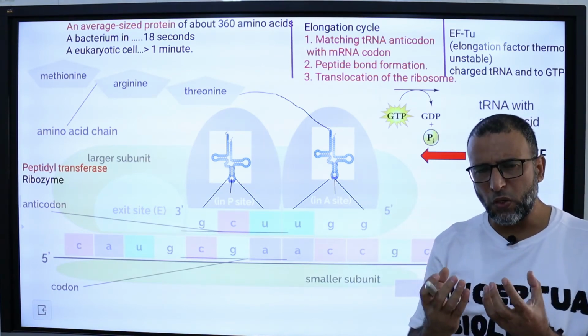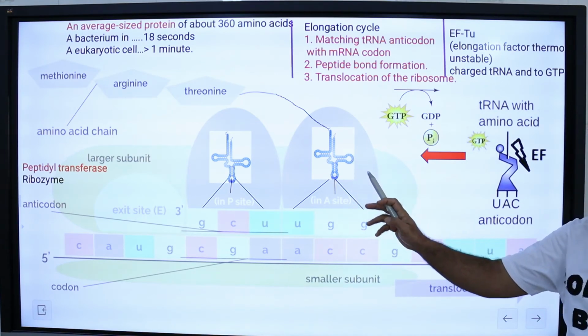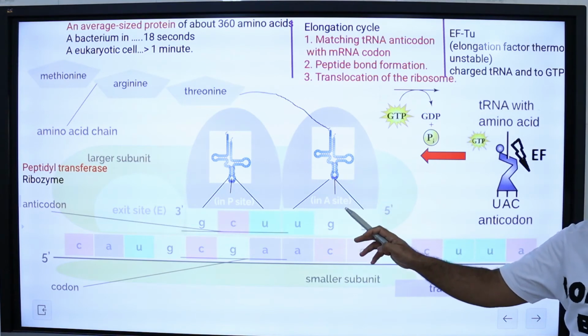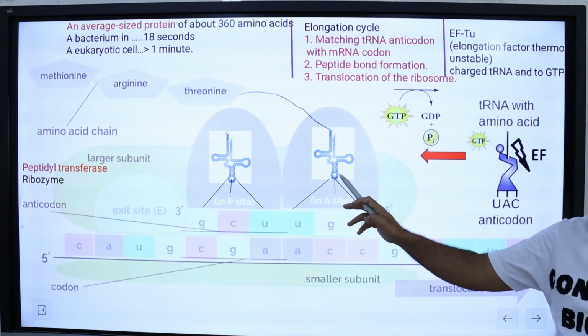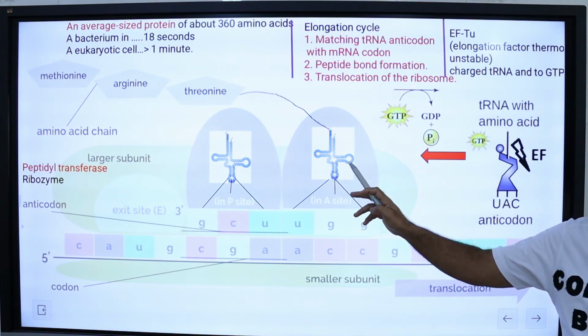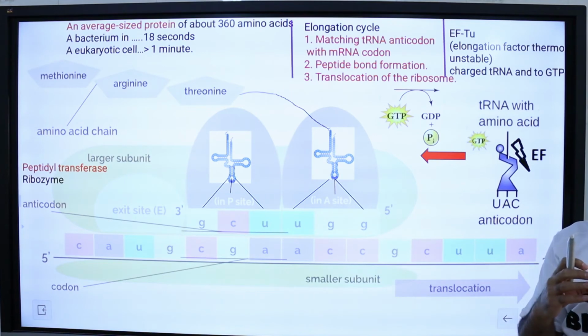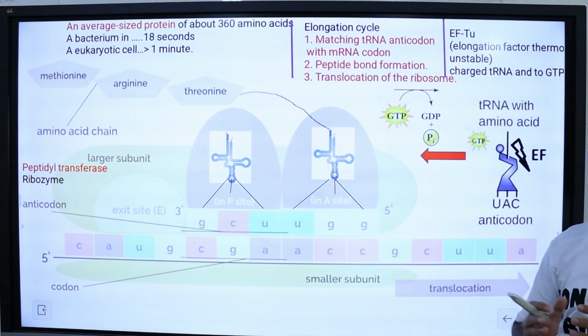Let me briefly restate the main points. First step of elongation is matching the tRNA anticodon that binds with the messenger RNA codon. So, the appropriate aminoacyl-tRNA recognizes the codon in the A site and binds there by base pairing of its anticodon with the complementary messenger RNA codon.